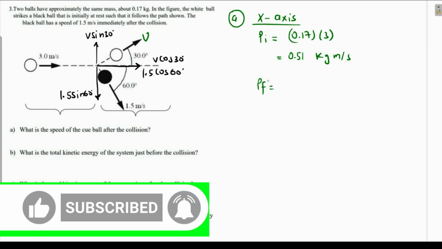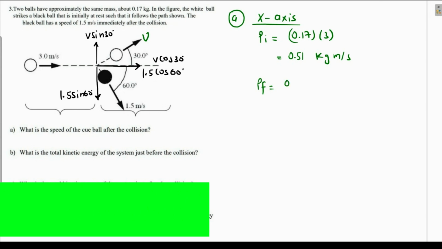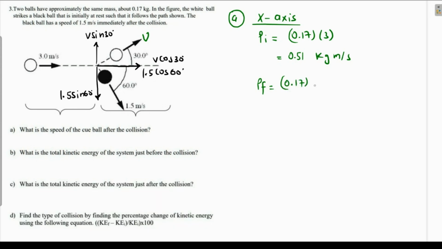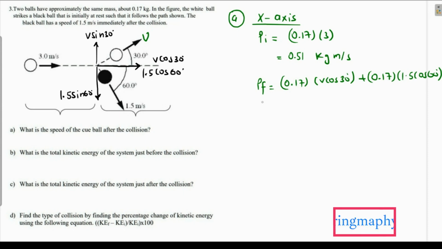The final momentum is going to be towards the horizontal side. Since the mass is the same, for the white one that's 0.17 times v cosine of 30 degrees, and for the black one, that's 0.17 times 1.5 cos of 60 degrees. Right. Now these two should be equal.